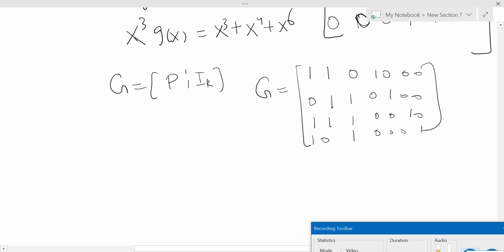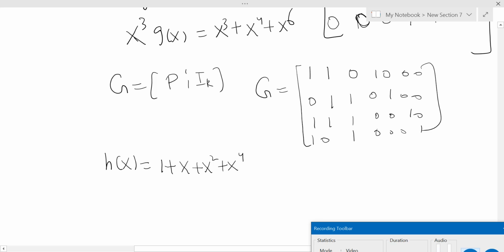Now, how to compute the parity check matrix? For that, you first need the parity check polynomial. What was that defined to be? It was taken as 1 plus x square plus x to the power 4.